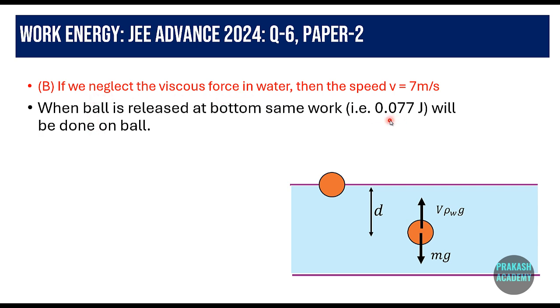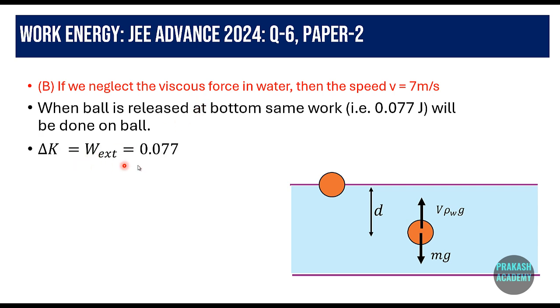This means the work done is the same. The work done from here to here is the same as work done from here to here. So in the downward journey and in the upward journey, work done is the same because in both cases viscous force is neglected. In one case it has been assumed, in another case it was slow movement.